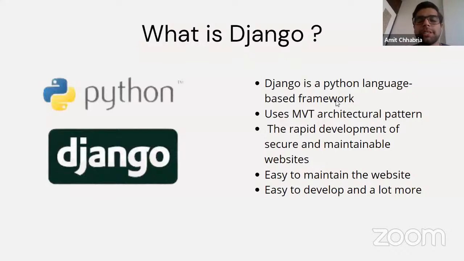This MVT is basically the skeleton of the whole Django framework. If you understand the basics of MVT, then you will be able to look into the other perspectives of Django as well. So Django uses the basic MVT architecture pattern.